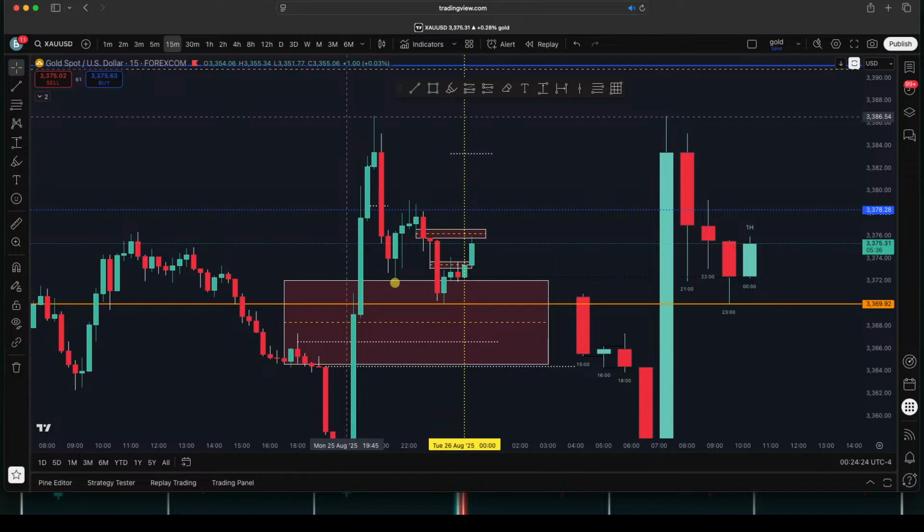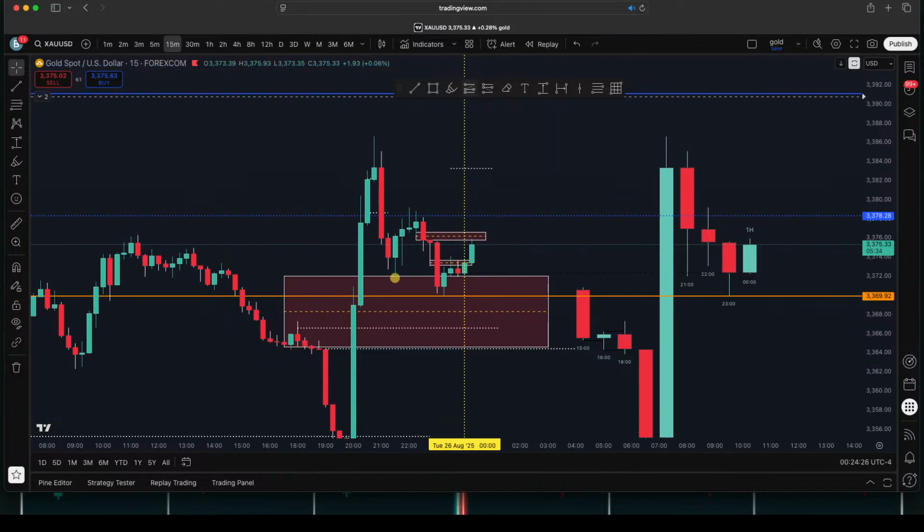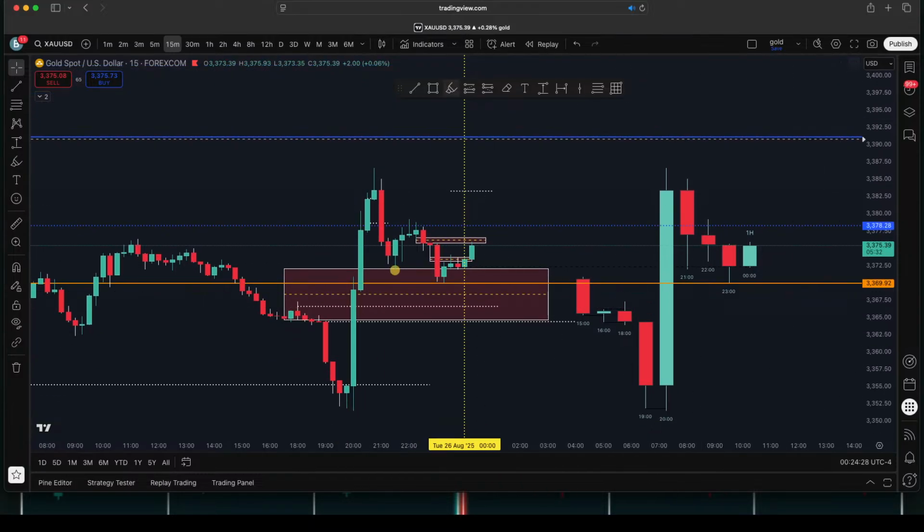Yeah, I do think we're going to go through that 86 at some point. But my idea is that it's obviously not just going to go straight up like that, right? So it's going to need a cap. It's going to need to get some traders in the wrong direction, meaning if it's going to go up, it needs to make people think it's going down, so that it can go up.